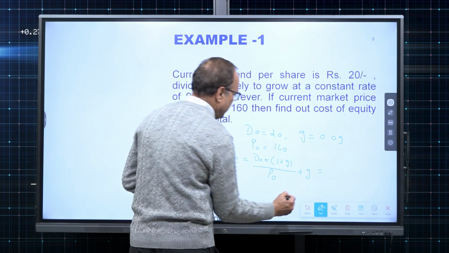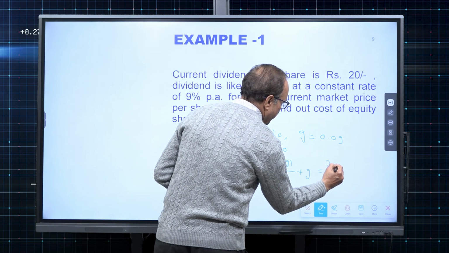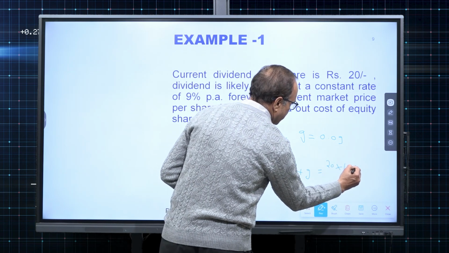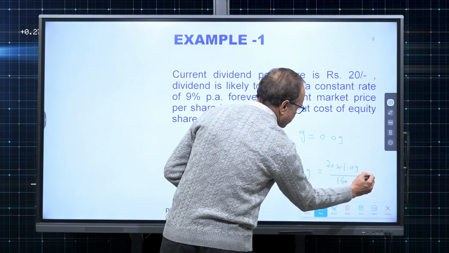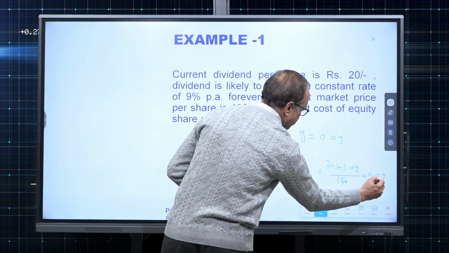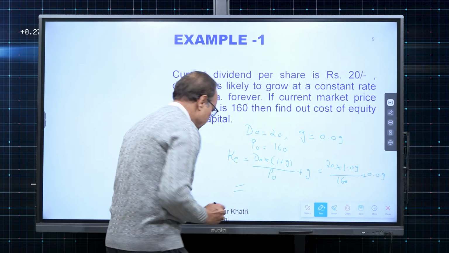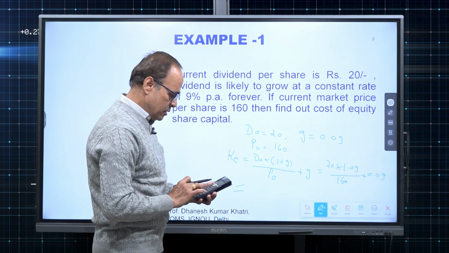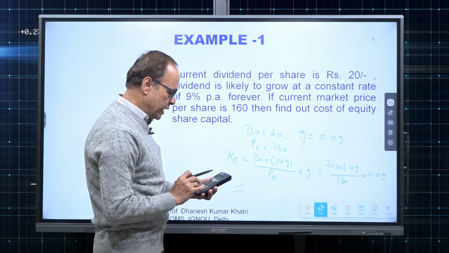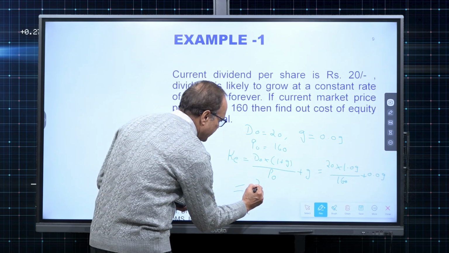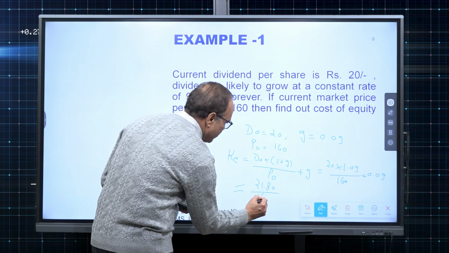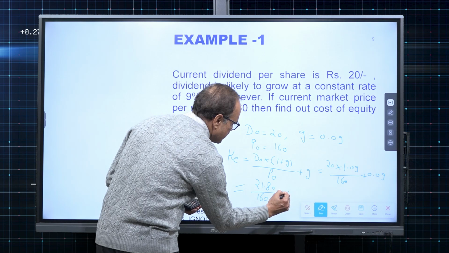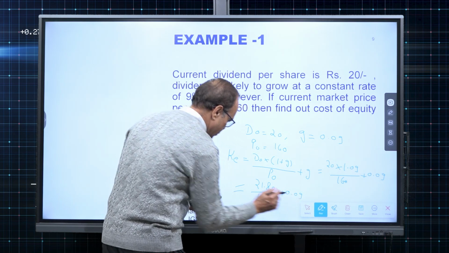If you plug in the values, 20 multiplied with 1.09 divided by 160 plus 0.09, what do we get? 20 multiplied with 1.09 gets me 21.8, divided by 160 plus 0.09.